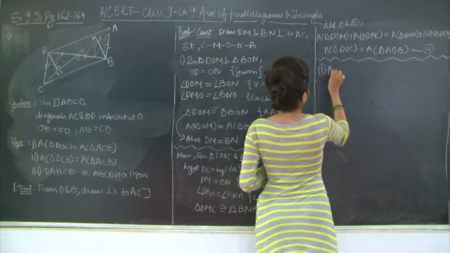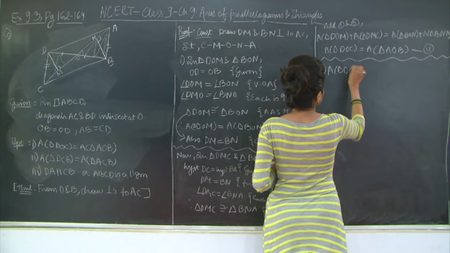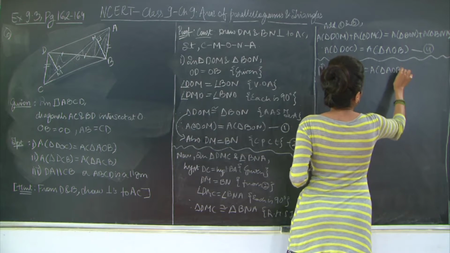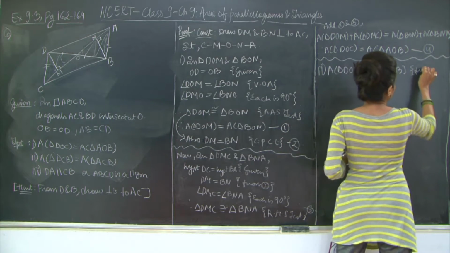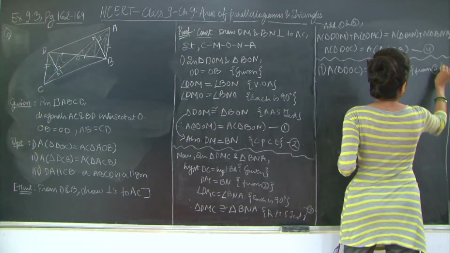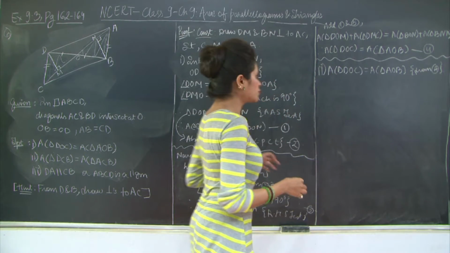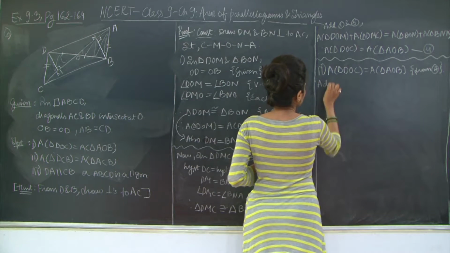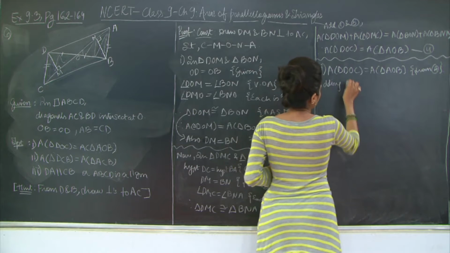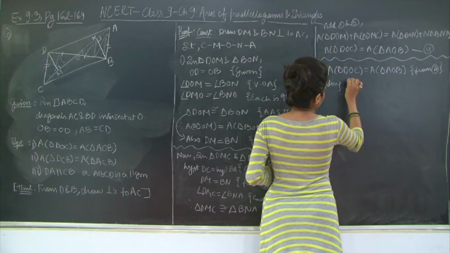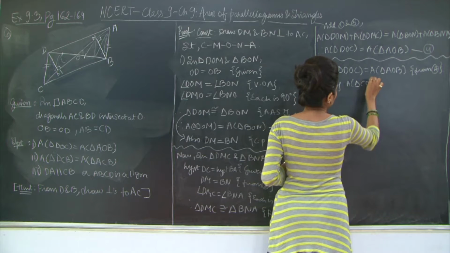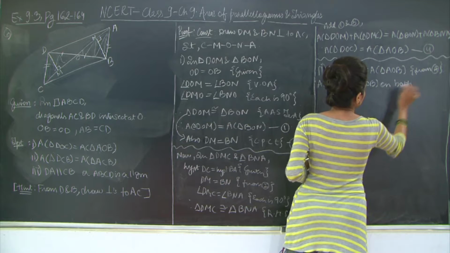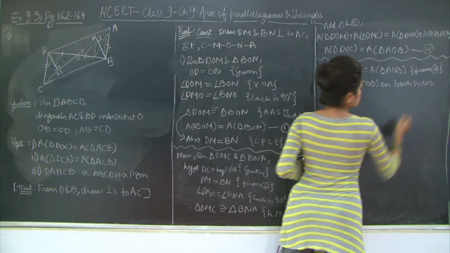I will say area of triangle DOC is equal to area of triangle AOB, and I will say from 4. So which triangle do I need to add to these triangles? I need to add COB. Adding area of triangle COB on both sides, what do we get?